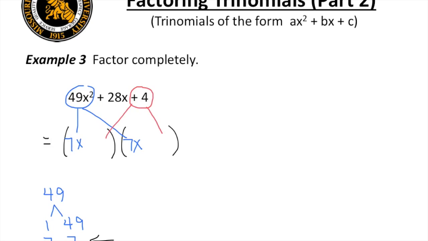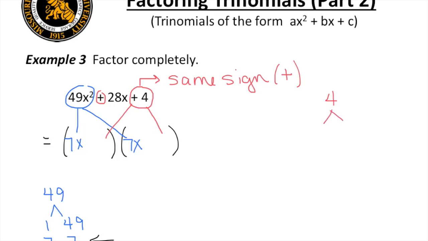Since that number is positive, that tells us that the numbers we place into our binomial will have the same sign. Furthermore, since that middle term is positive, the sign that we will use for our factors of 4 will be both positive.